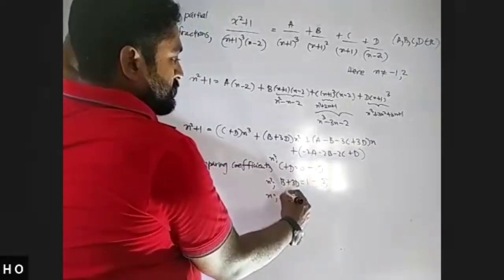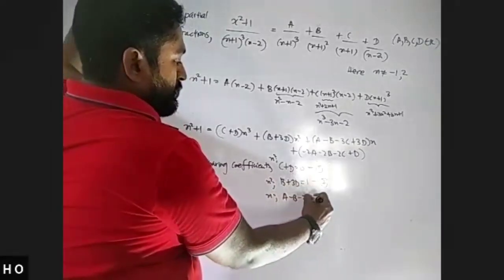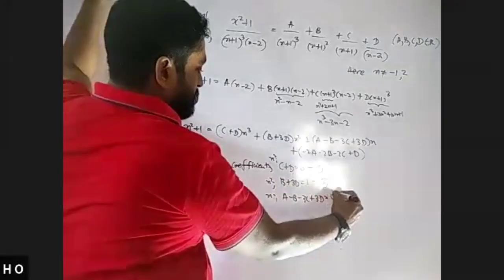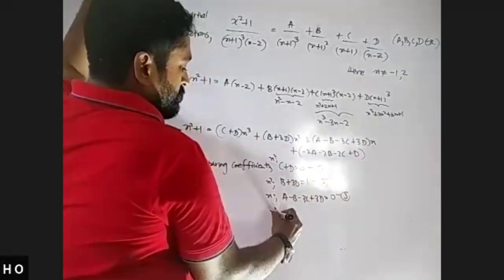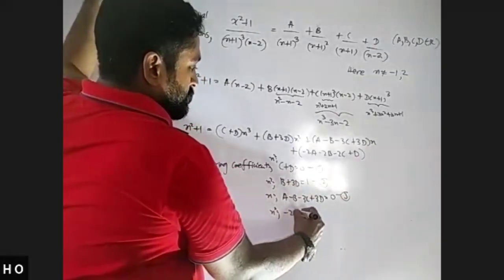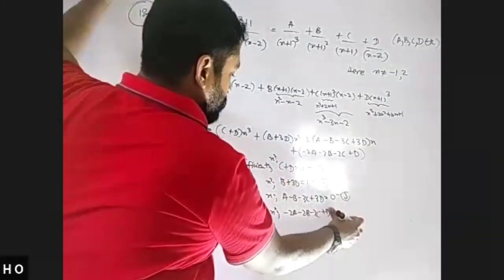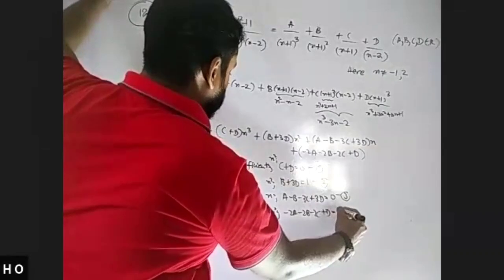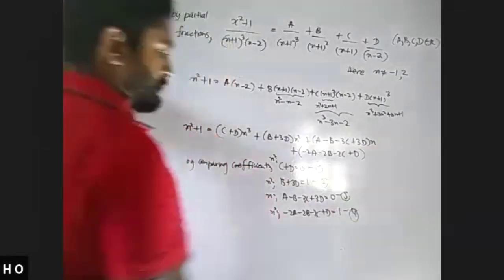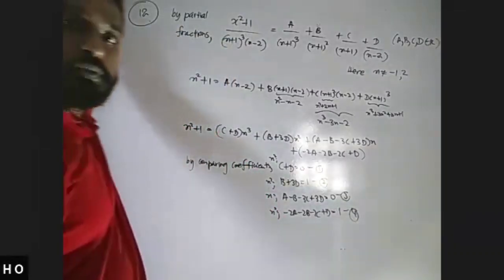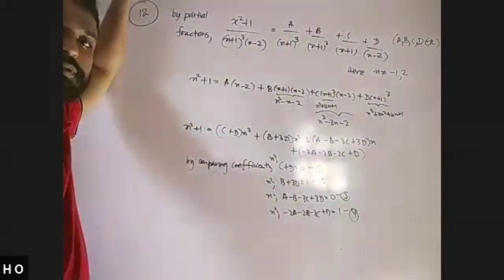Comparing x, A minus B minus 3C plus 3D is 0, equation 3. Constants: minus 2A minus 2B minus 2C plus D equals 1. That is the 4th.